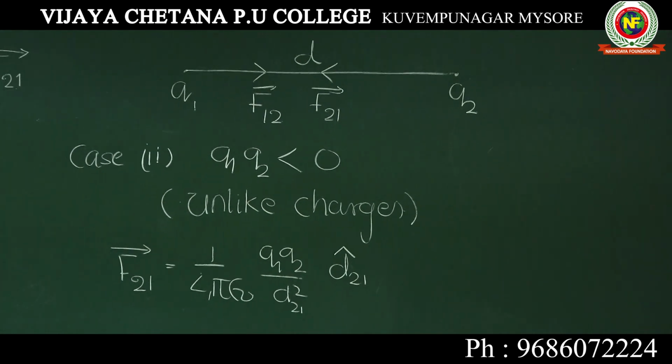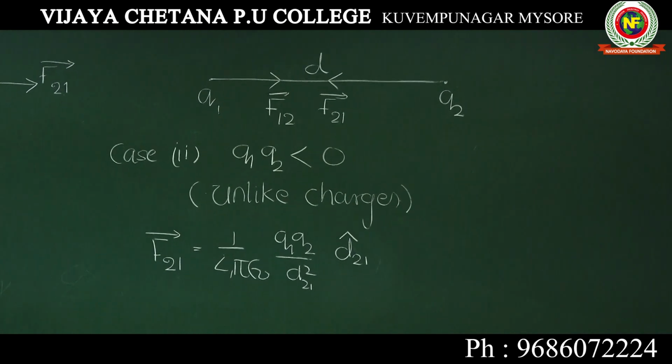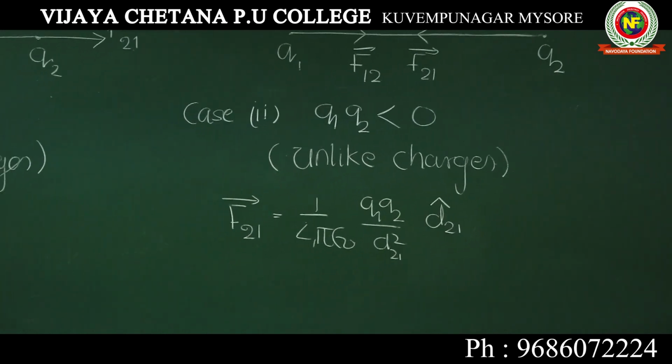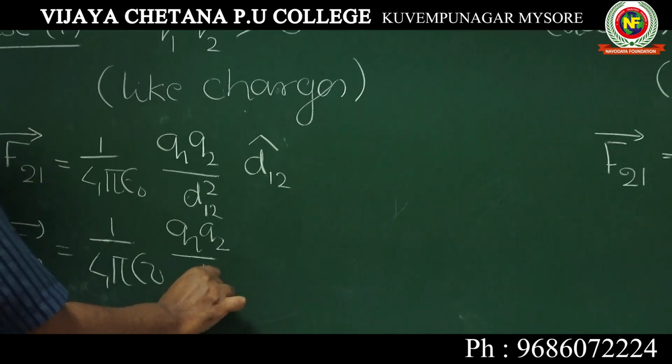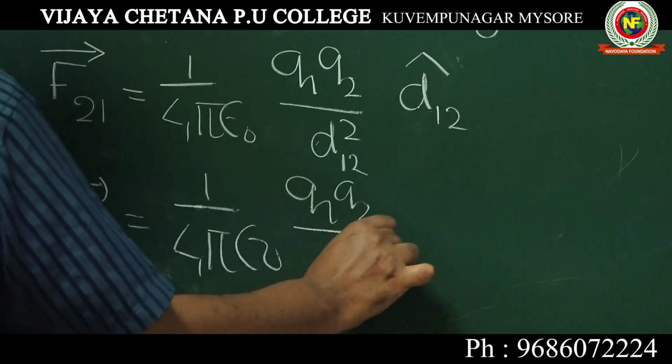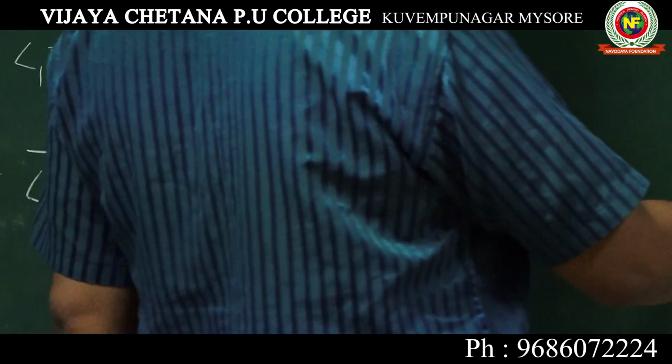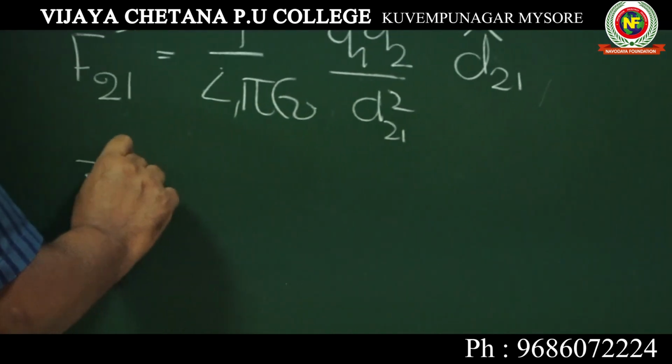If you want F12, F12 is equal to 1 by 4 pi epsilon naught Q1 Q2 by D21 square and D21 cap. Here if I want to write the F12, how do I do that?